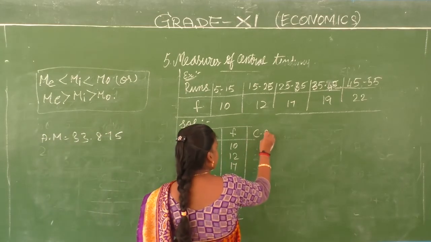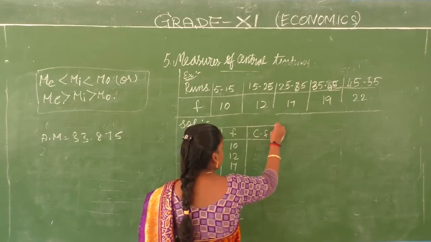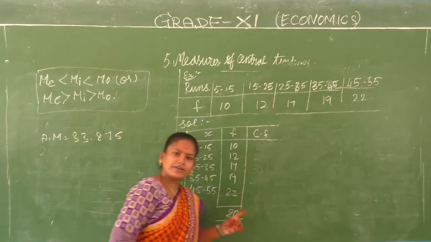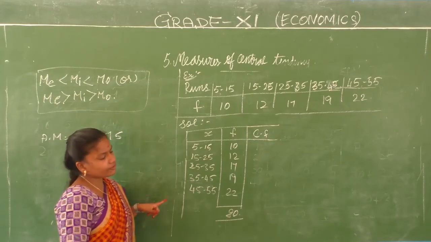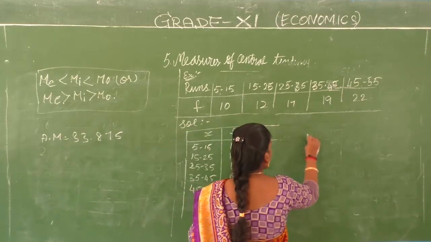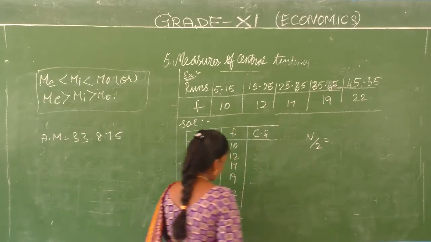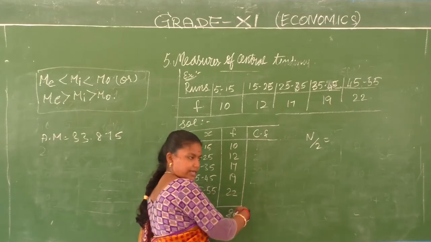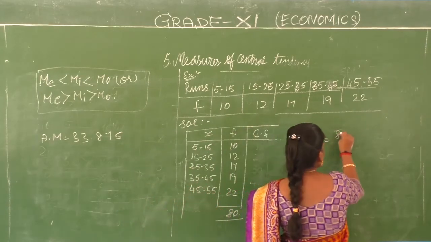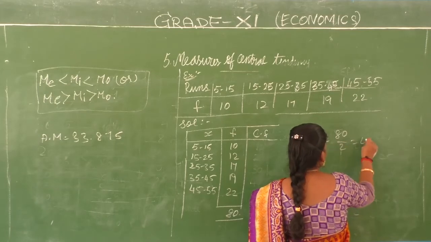So you are going to have cumulative frequency. Why do we need the cumulative frequency, children? Because we are going to find the median class by doing n by 2. What is your n? 80. Cumulative frequency total is only 80. 80 divided by 2 is equal to 40.